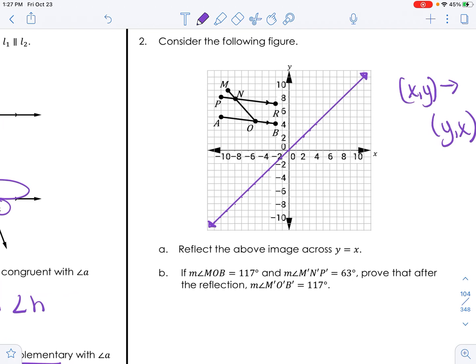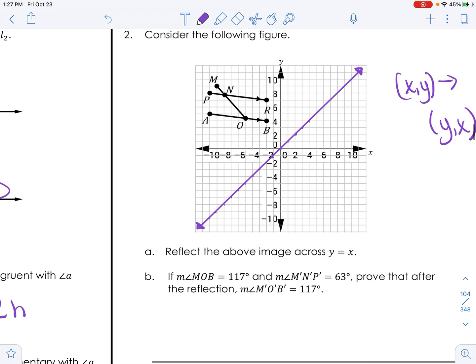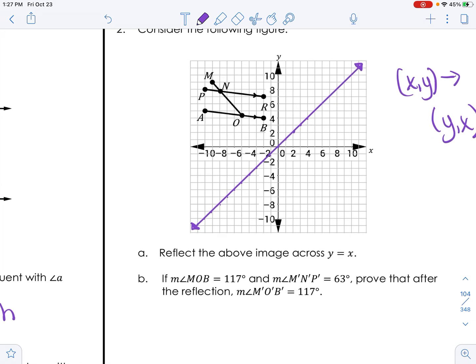Okay, so let's see. A is currently at, let's see, 2, 4, 6. I don't know if you guys have the same problem I do, but it's very hard to see. That's 2, 4, 6, negative 8, negative 10. Sorry, the bell's ringing. So A is at (-10, 5).